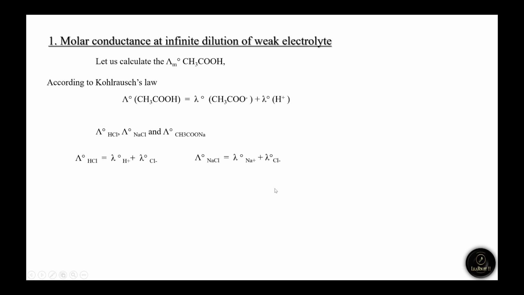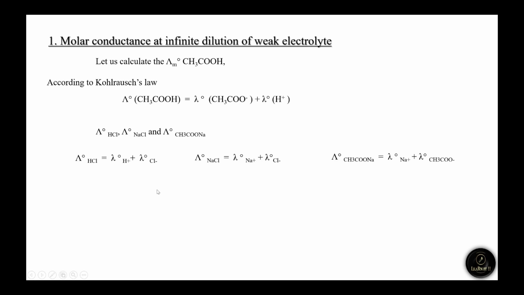With respect to sodium acetate, the molar conductance of sodium acetate at infinite dilution is equal to the molar ionic conductance of the Na plus ion at infinite dilution plus the molar ionic conductance of the acetate ion at infinite dilution. So we have applied Kohlrausch law to all these strong electrolytes.